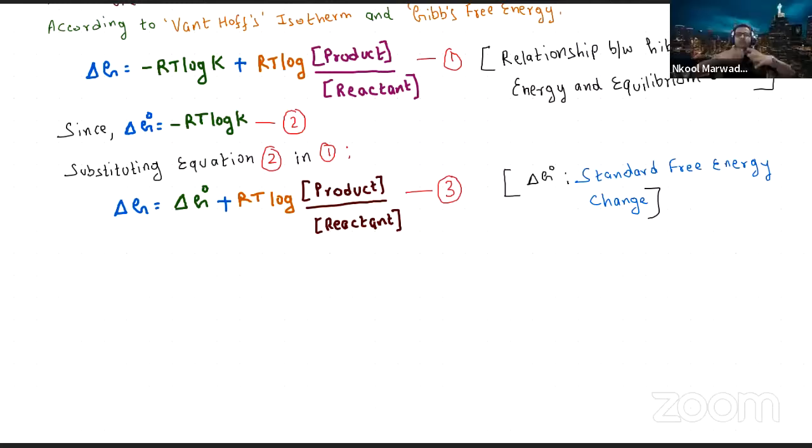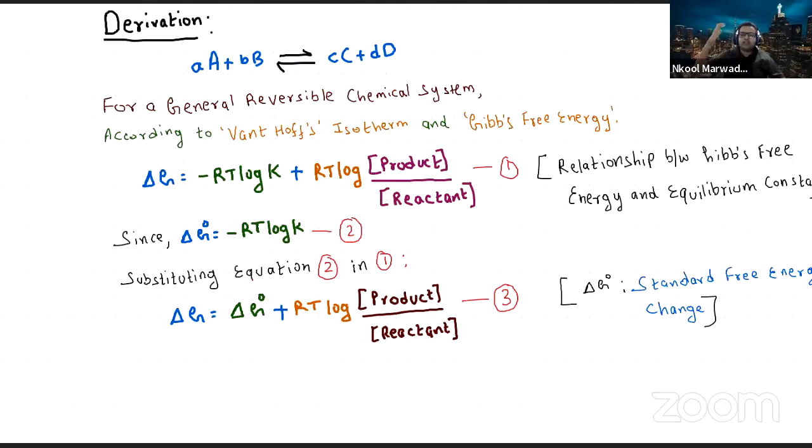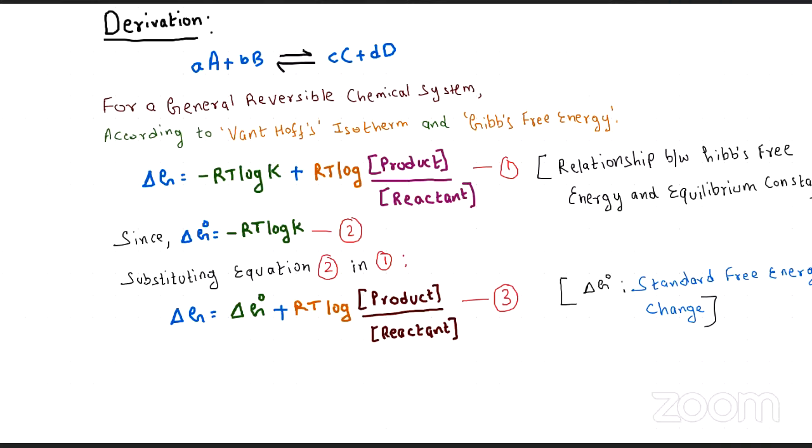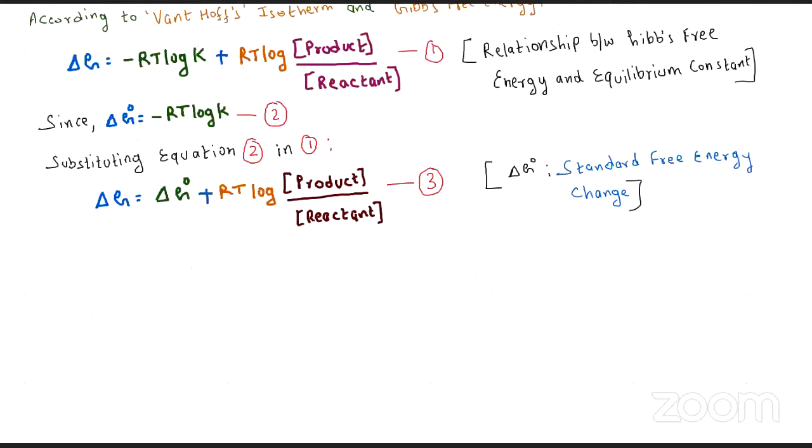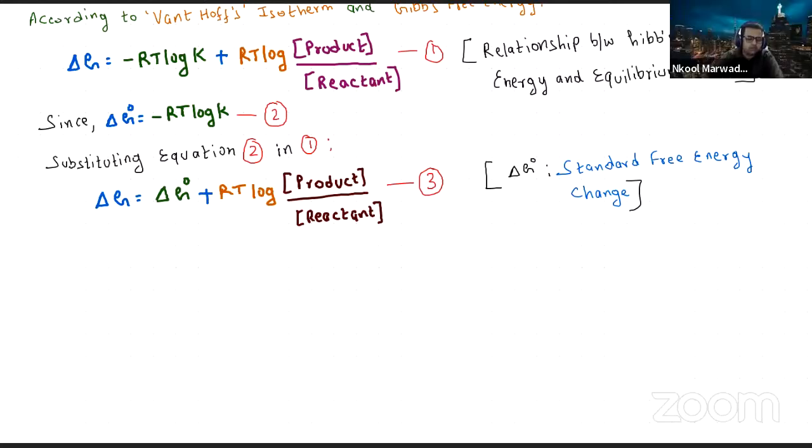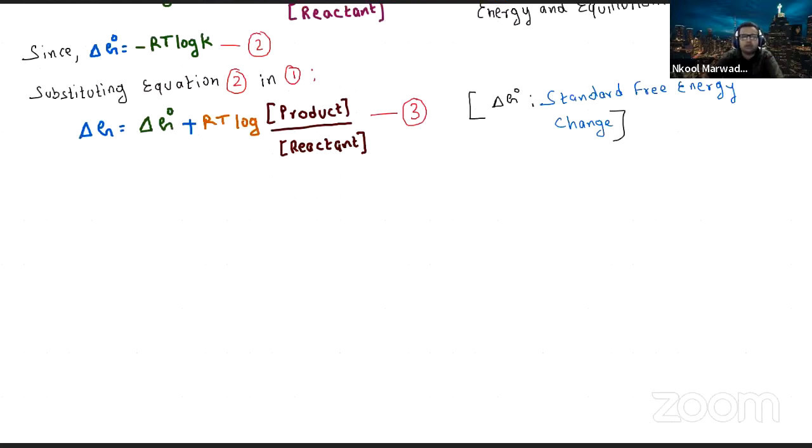In this way, they derive some magical equations and they become so famous that we are still applying and studying those equations. Now see, this I can write like this, whatever we have got.